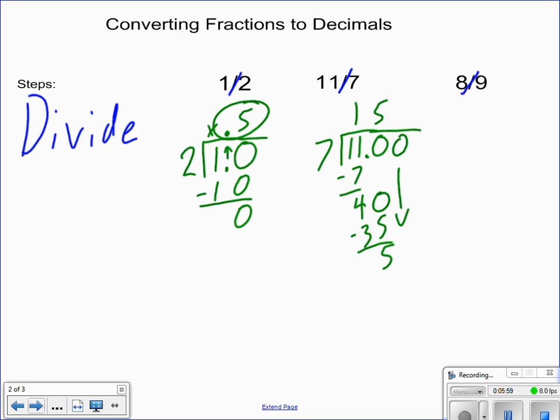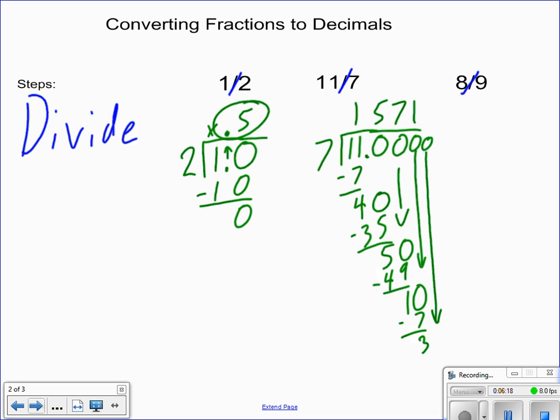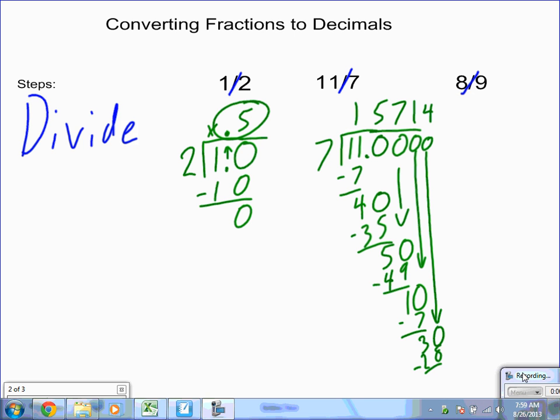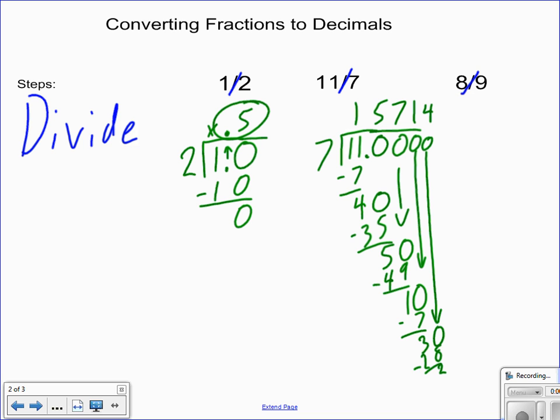Add a 0, bring that down. 7 goes into 50 7 times. Add a 0, bring that down. 7 goes into 10 1 time. 30, add a 0, bring it down. 7 goes into 30 4 times, 28. 2, and a 0, bring it down.